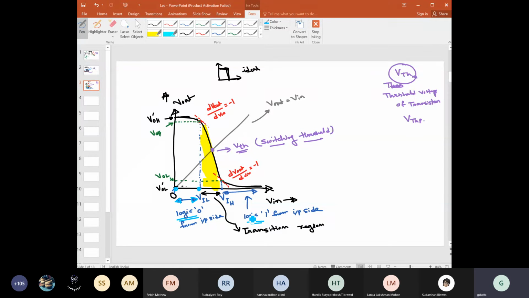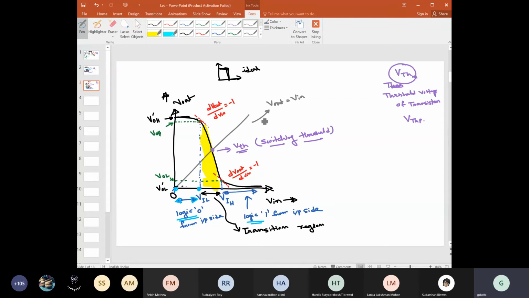So the logic levels in digital circuits are not represented by quantized voltage values, but rather by some voltage range. So if I say logic 1, please do not think that logic 1 means always plus 5 volt and logic 0 means always 0 volt. No, it is not like that.